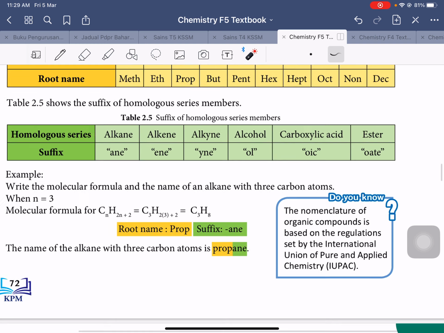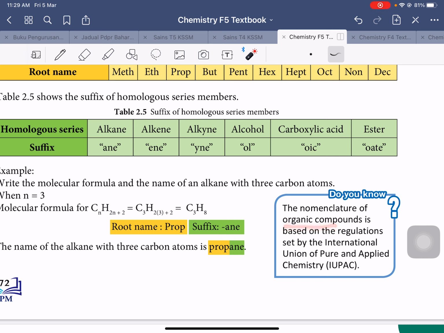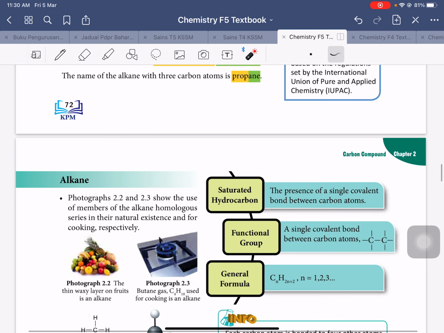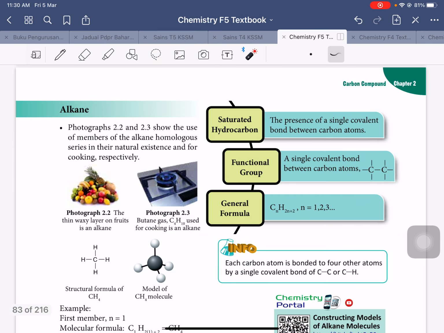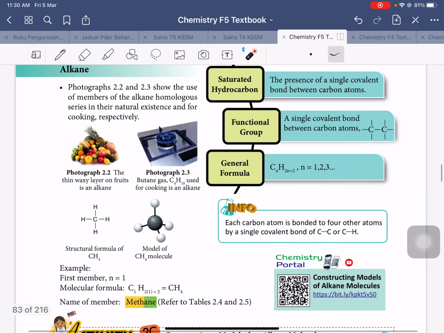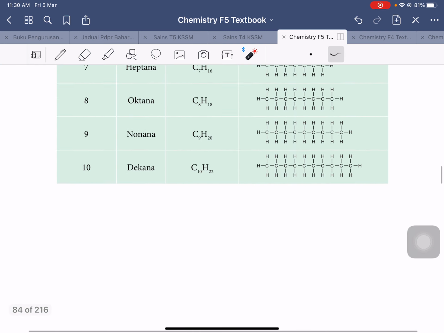Okay. The nomenclature of organic compounds is based on the regulations, syarat yang ditetapkan oleh International Union of Pure and Applied Chemistry. So, mari kita tengok alkane. Before we go further, I would like to show you this one.